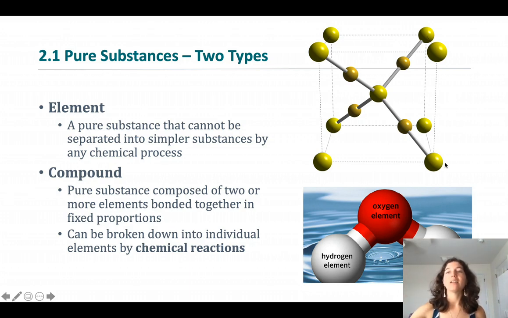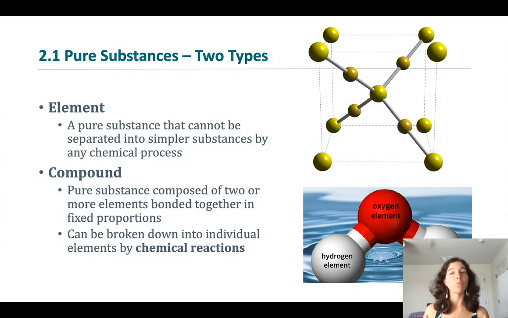So an example of that is this gold up here. I've stuck with the gold example. You'll see that a lot when I'm talking about it. And you can see that there's gold atoms. So there's a bunch of gold atoms stuck together. There are no other types of atoms in there. That's it. However, a compound is a substance that's composed of 2 or more elements that are bonded together, chemically bonded together.